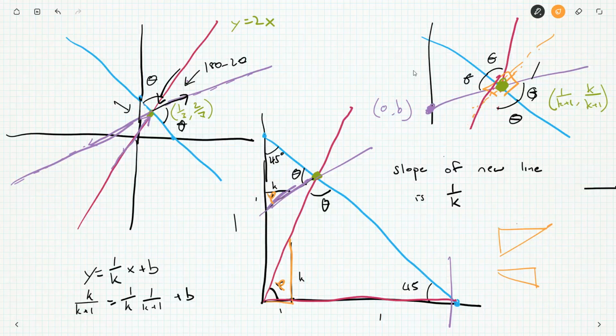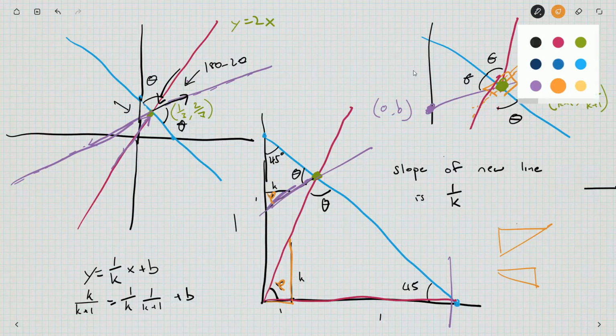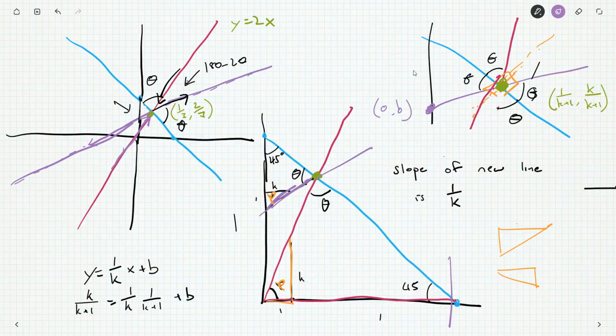So, if we're intersecting here, you might say, well, why? How do you know it doesn't go like this, and you have to actually get the angle to be over k down 1, in which case your slope is negative 1 over k.